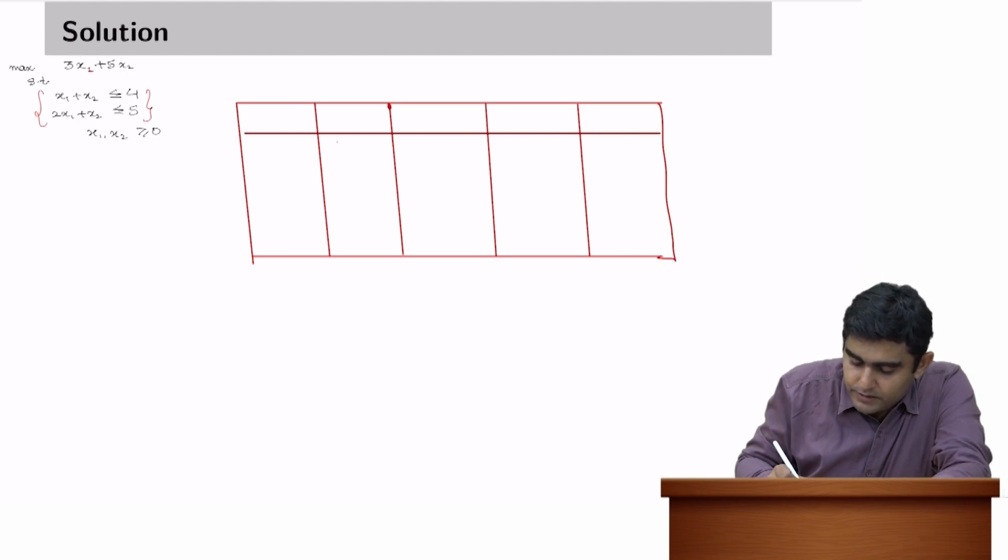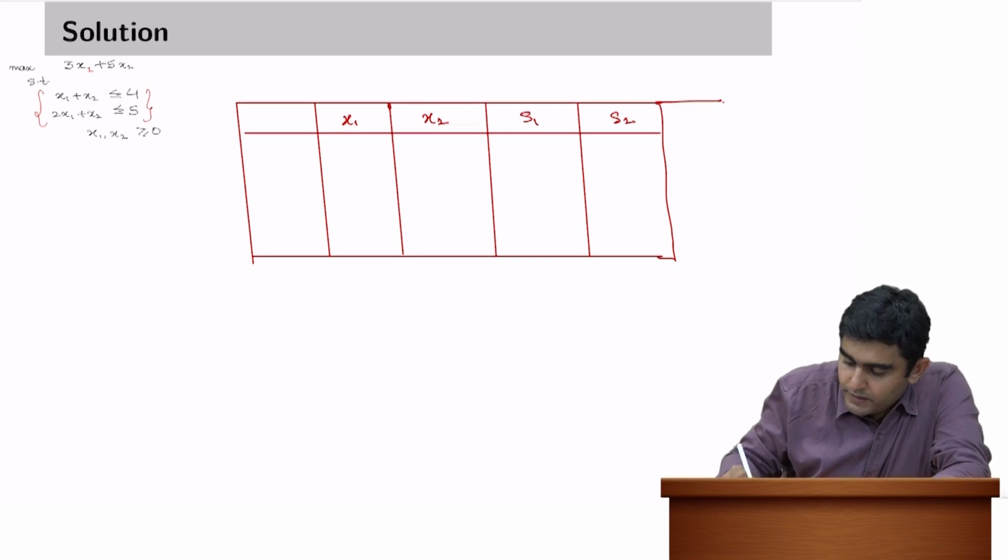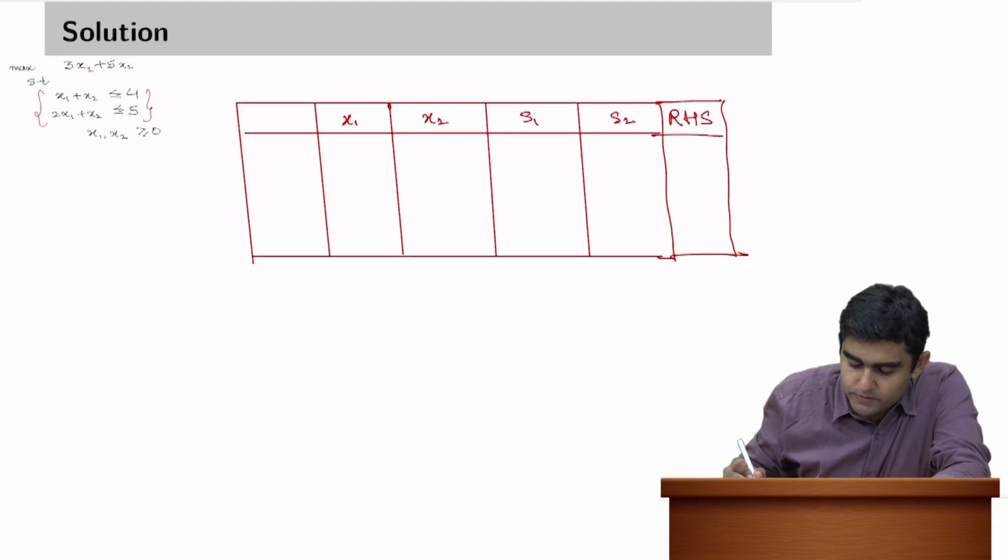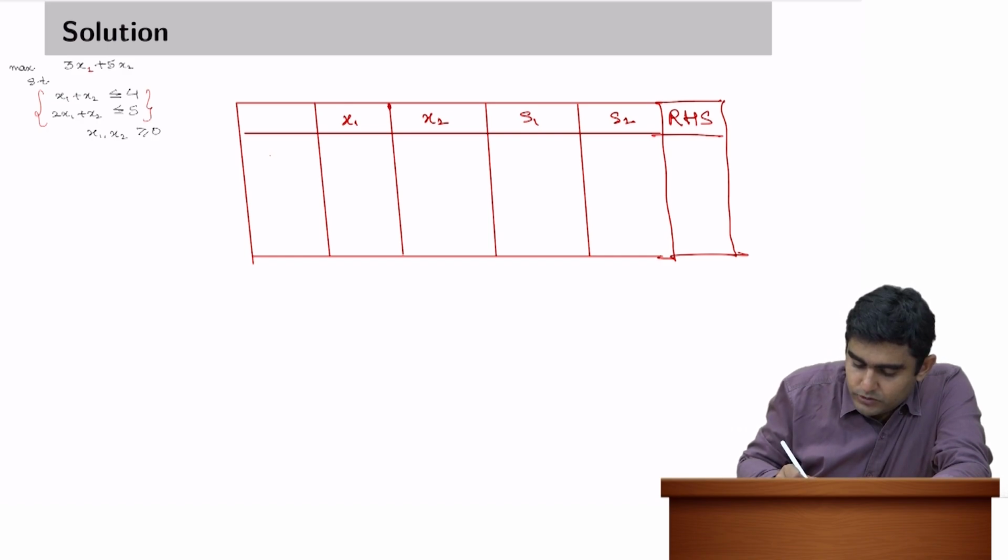So here I am going to have the variables x1, x2, s1, s2, and right-hand side values written. This is for basic variables, and the first basic variable I introduce is s1 and the second is s2.